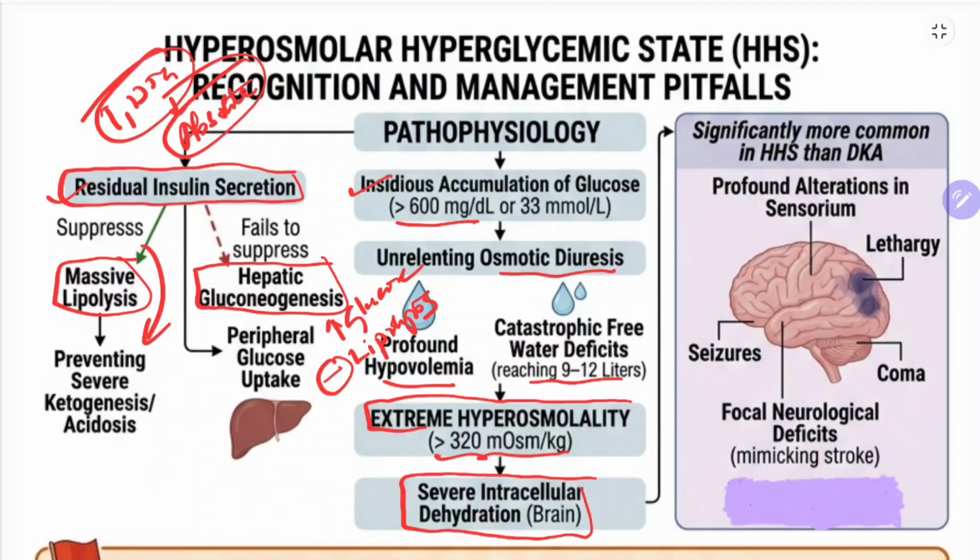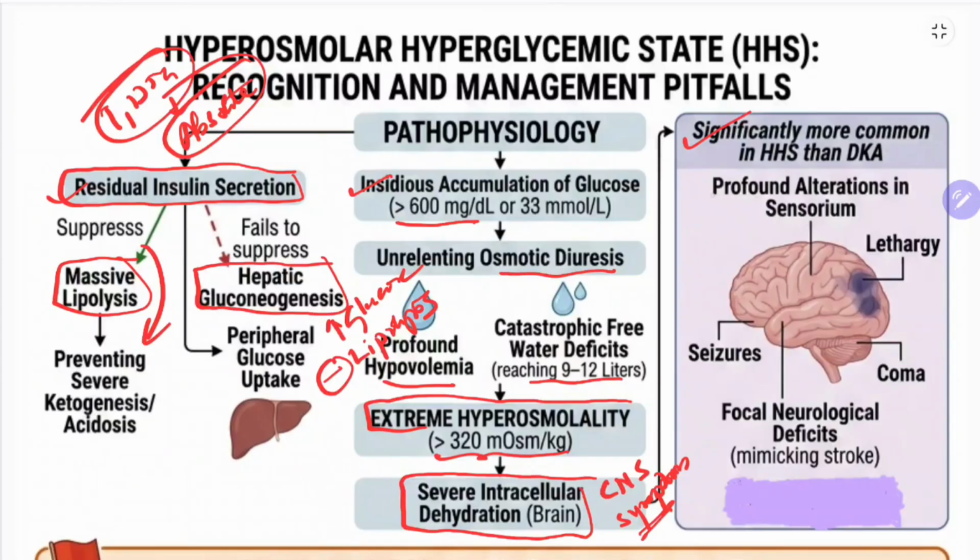So this glucose will pull water from neurons, and neurons get dehydrated, and the patient will develop CNS symptoms. HHS patients, elderly patients, present with CNS symptoms along with profound dehydration. CNS symptoms are significantly more common in HHS than DKA.